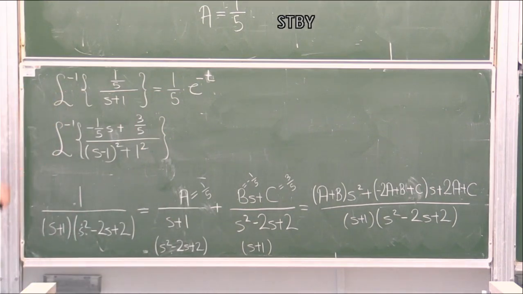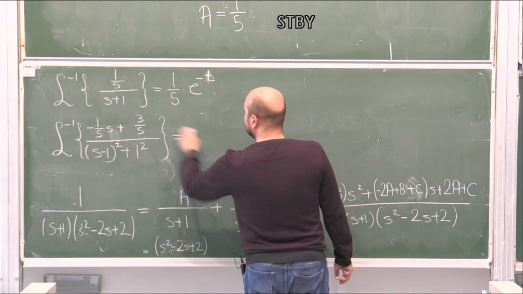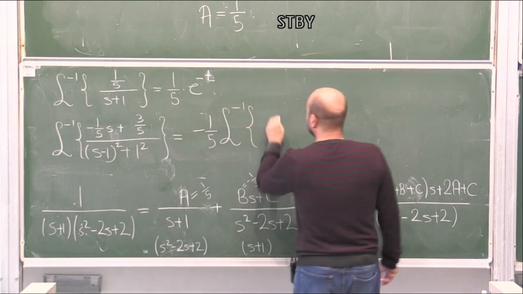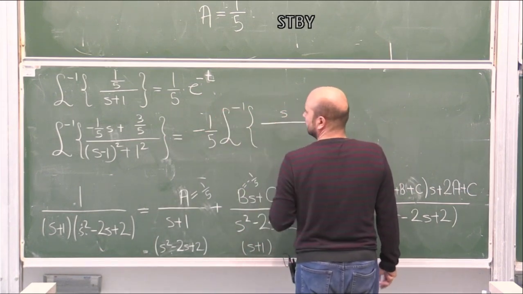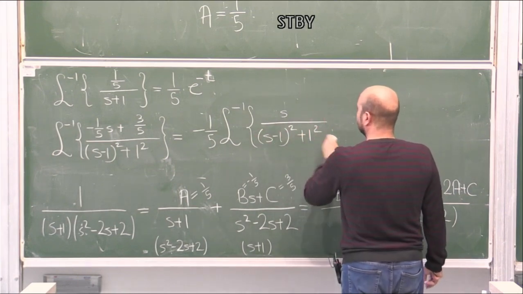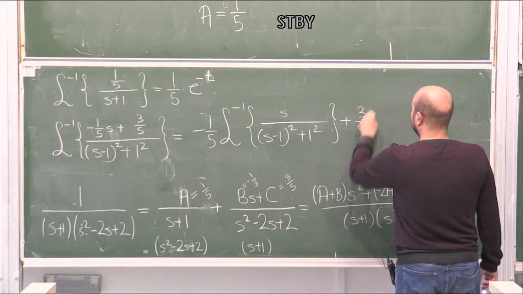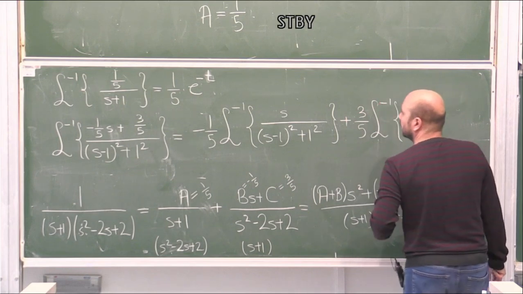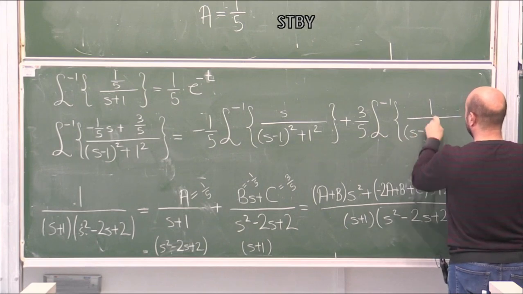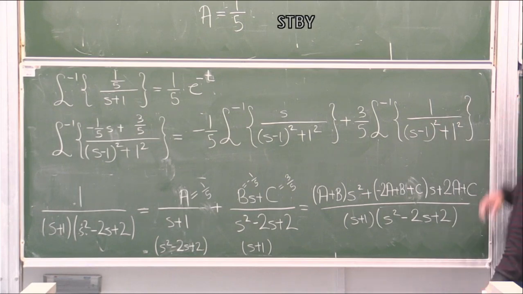If you look at it now, I can separate this in the following way: minus 1 over 5 inverse Laplace of s over s minus 1 squared plus 1 squared, plus 3 over 5 Laplace inverse of 1 over s minus 1 squared plus 1 squared.